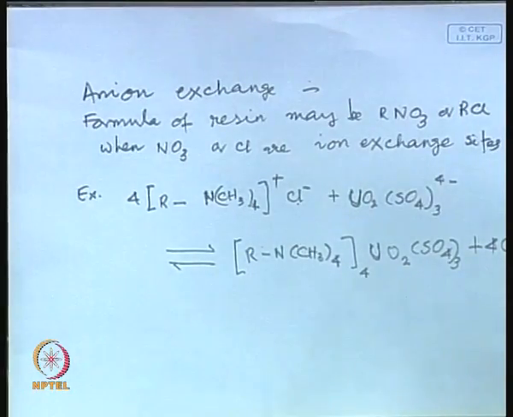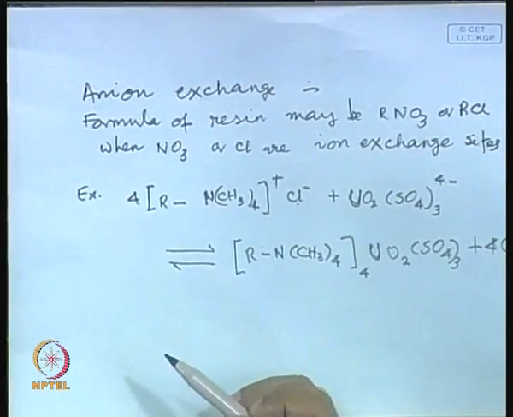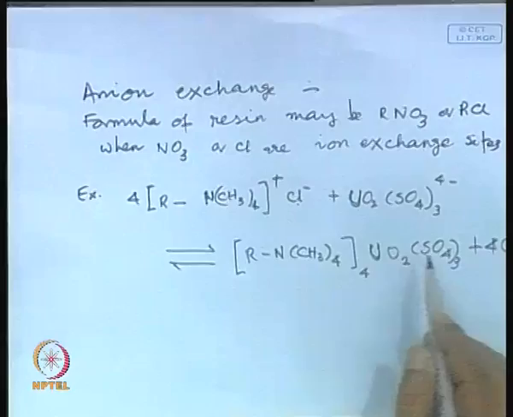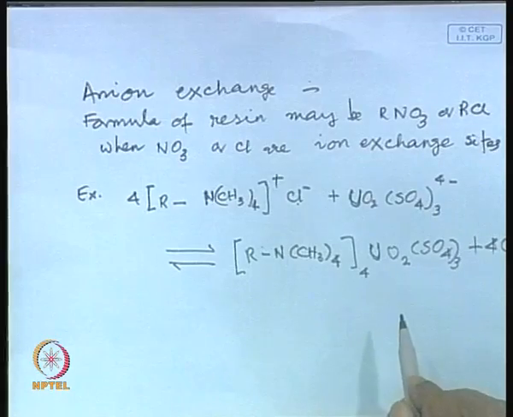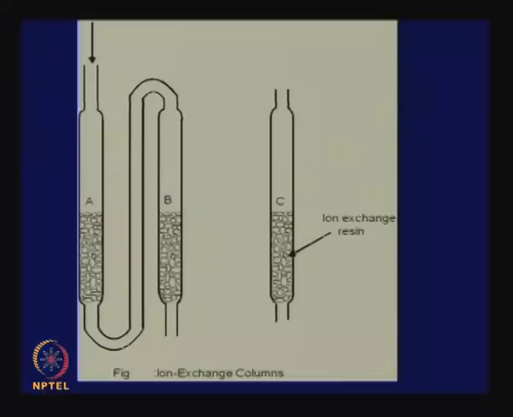So, the chlorine ions will come out, uranium will go in an anion exchange site, and subsequently the uranium in that anion can be recovered and the resin regenerated. This is the simple way of representing this.